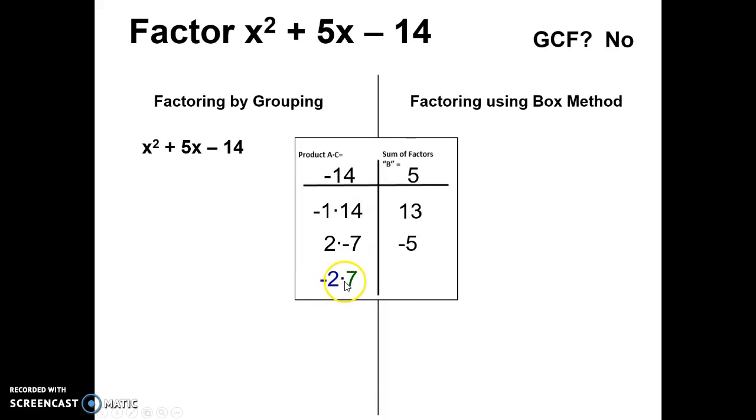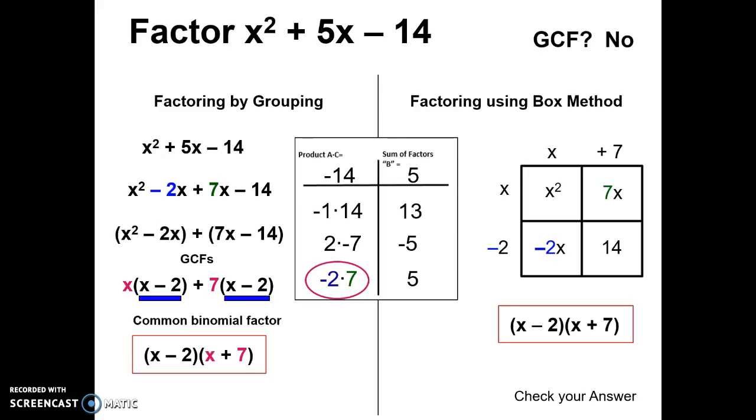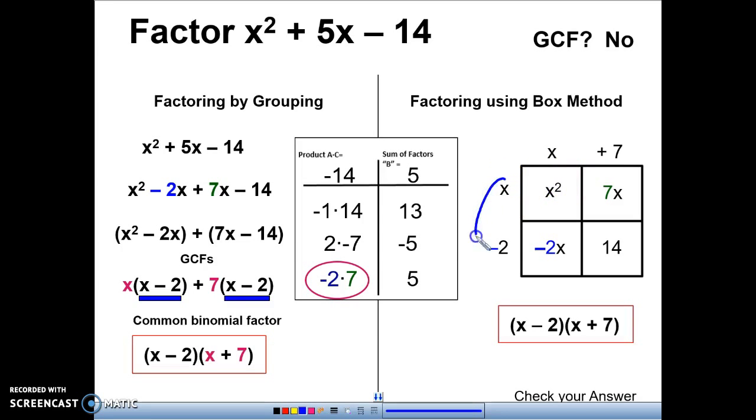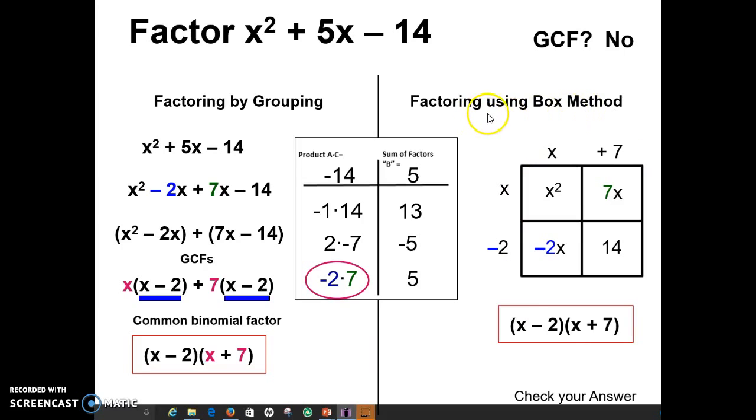When you add -2 plus 7, you get 5. So our two factors are x minus 2 and x plus 7, just like what we got over here. Okay?